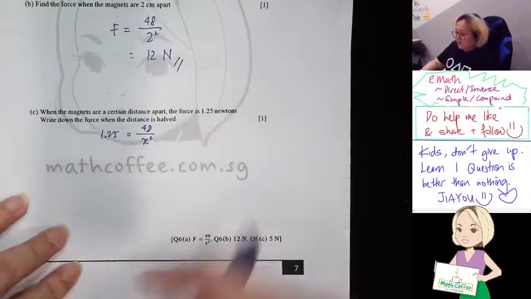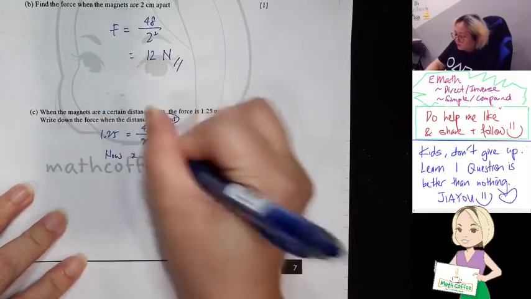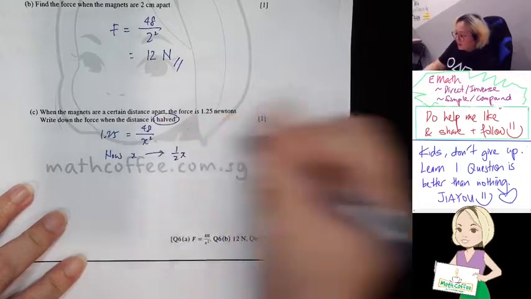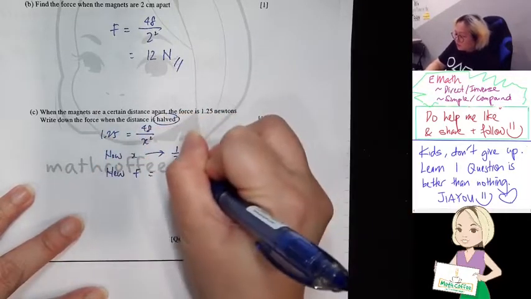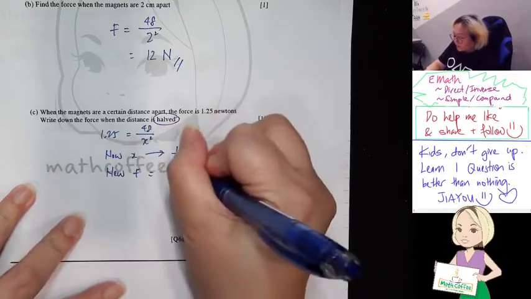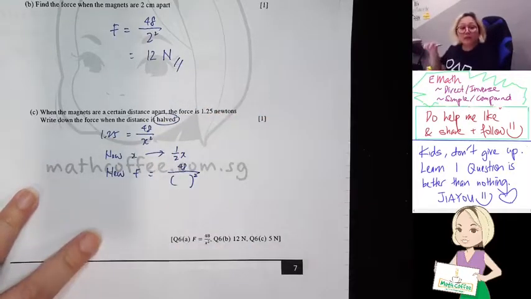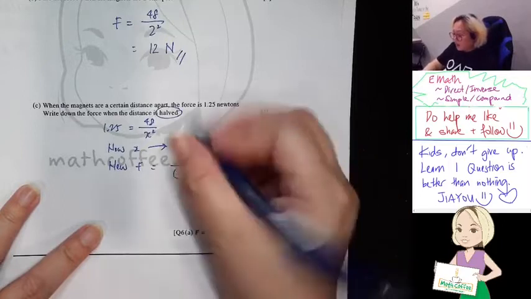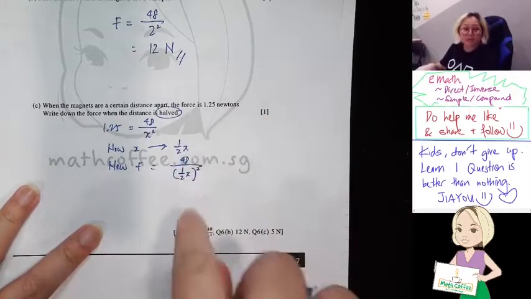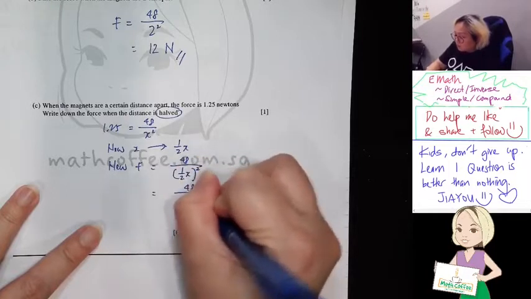Then let's find out my new x. This is for halved, so my new x is half x. So my new F will be equal to K, which is 48, over x squared. Take note that this is inverse, so 48 is at the numerator, the x squared is at the denominator. So I'm going to throw the half x inside the bracket, and here you will get 48 over 1/4 x squared.